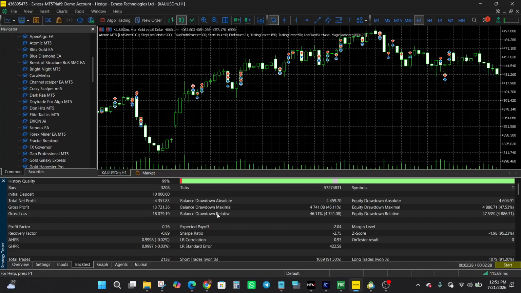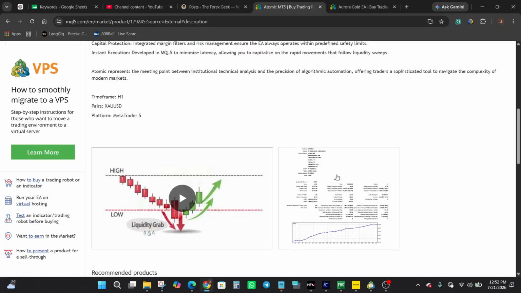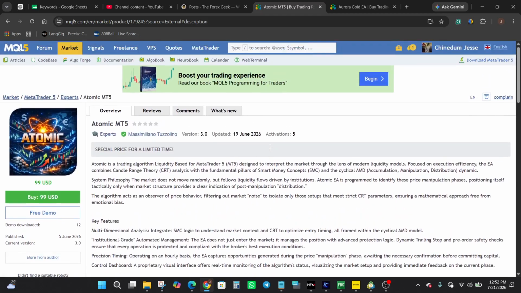Now, I want to flag something here rather than gloss over it. The size of that drawdown in this particular test is considerably larger than what the capital protection and predefined safety limits language on the listing might suggest.